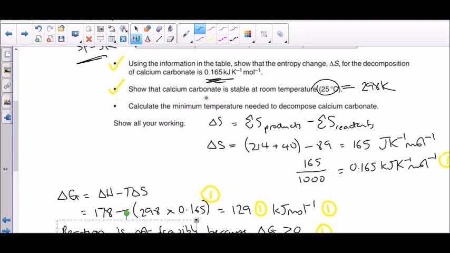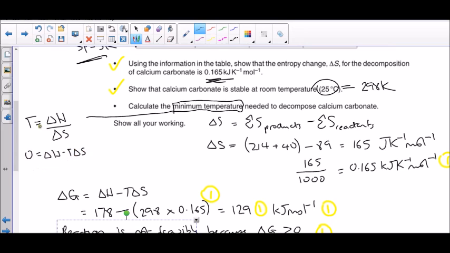Next we're going to look at the third bullet point, and you should recognise that if you see minimum temperature, then you're using T equals delta H over delta S. Remember, that's simply a rearrangement of the delta G expression, where we said that delta G is 0. So we've written that and then we've rearranged it to give this.